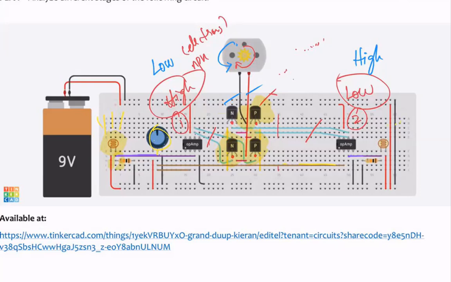If the outputs of both comparators are low, this is low, this is low, what do you think should happen? Remember, this is a comparator and it's comparing the two voltages, and based upon that, it is being fed into the input of the transistor where it draws the current. If the output is low for both the comparators, what would happen to the current that is being driven into the motor?